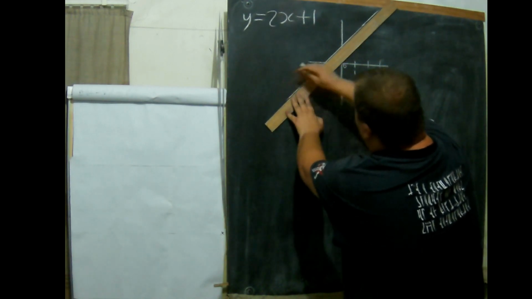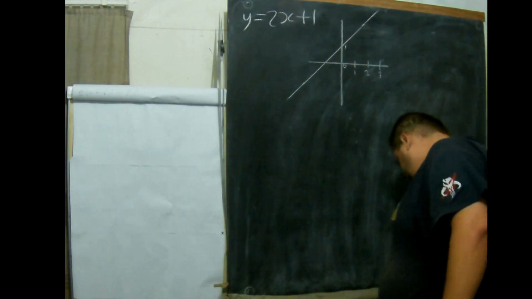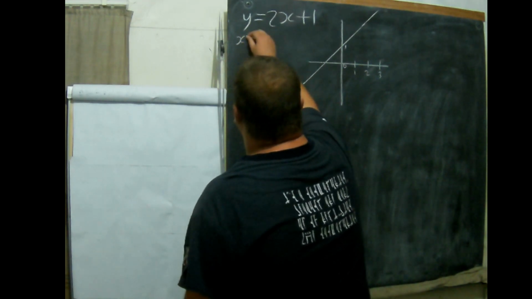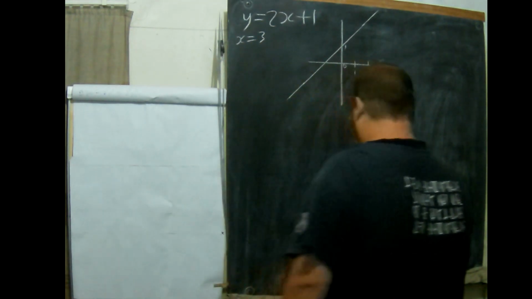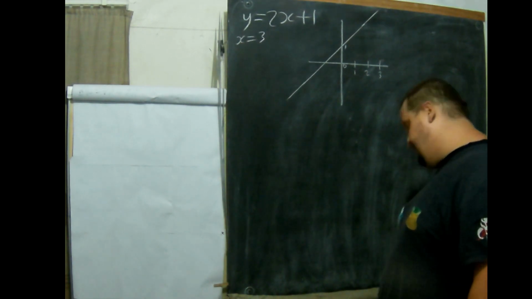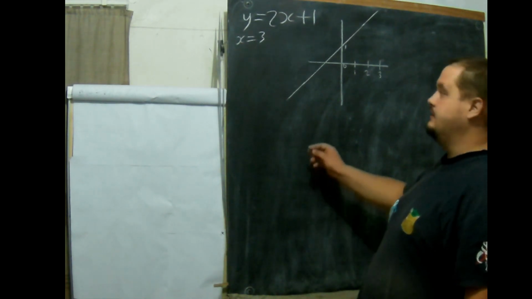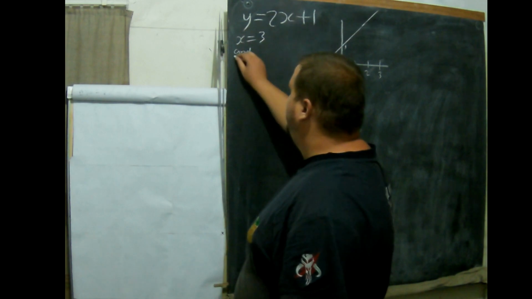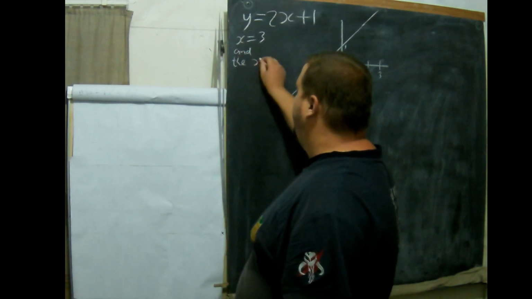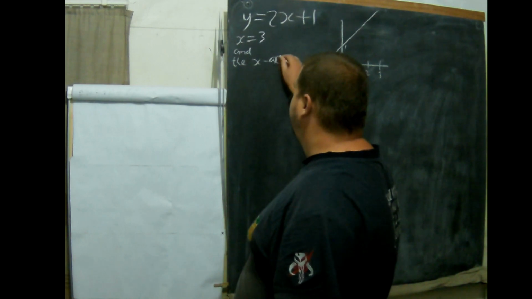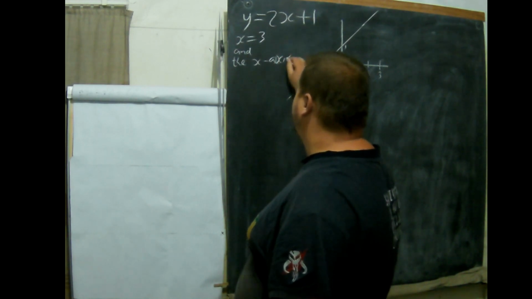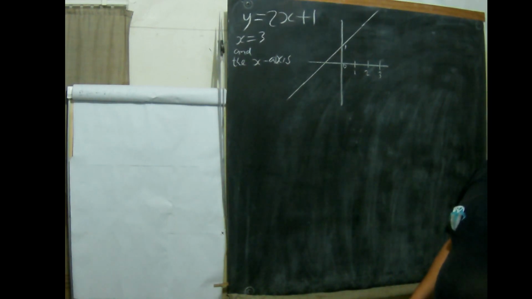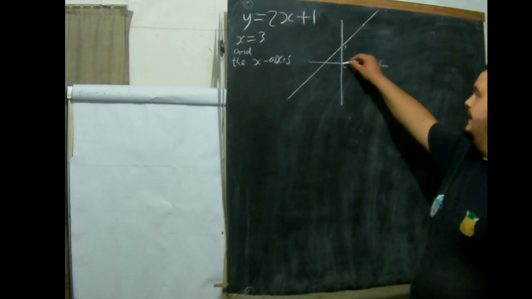Now, for this particular case, x is equal to 3. What they will state sometimes is that the x-axis is x at 0.